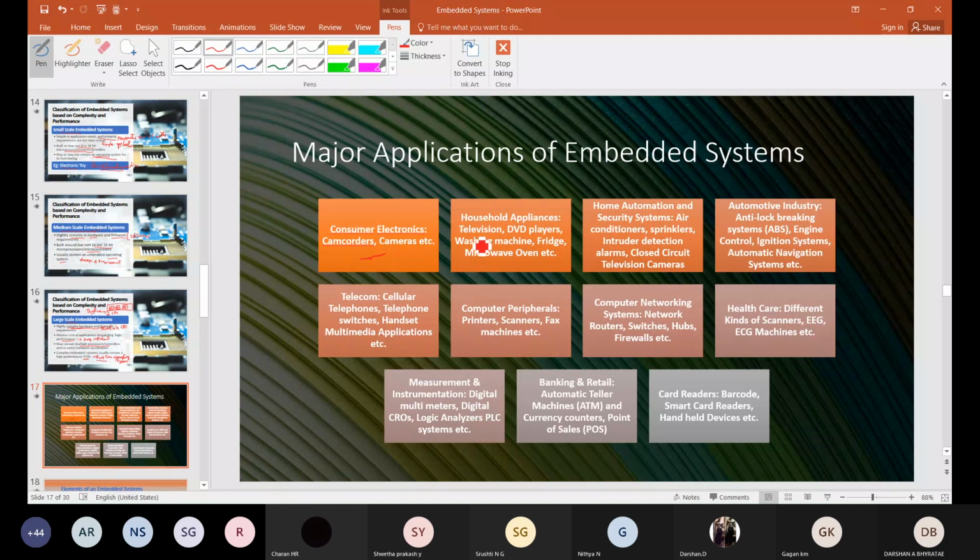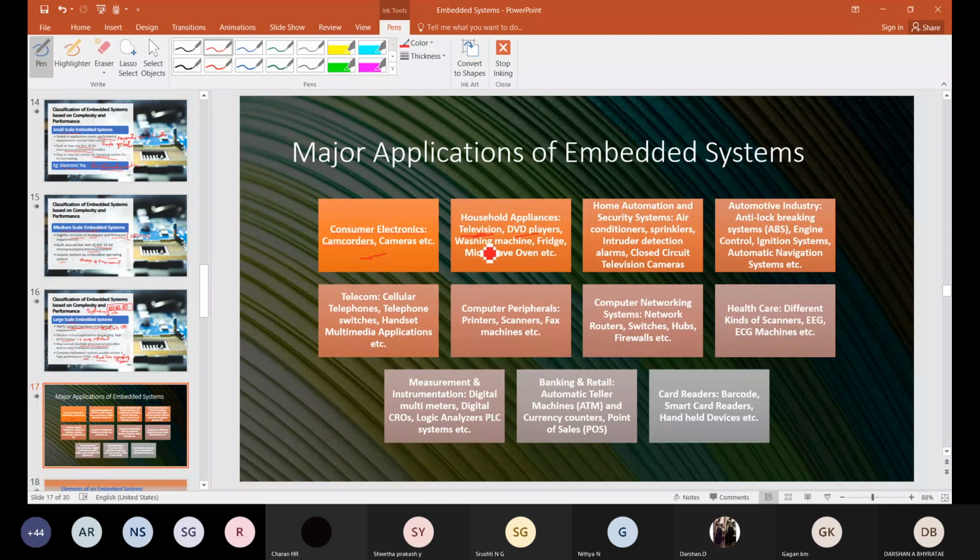Household appliances is nothing but your TV. Nowadays the TV is your smart TV, which can interact with your cable as well as your internet connection. That is also an embedded system.